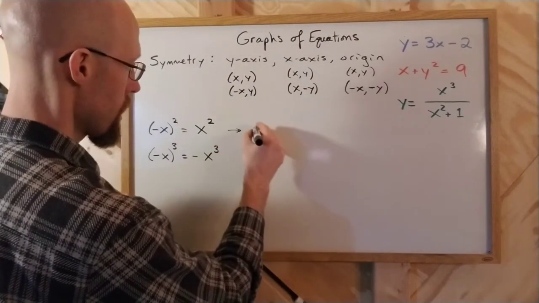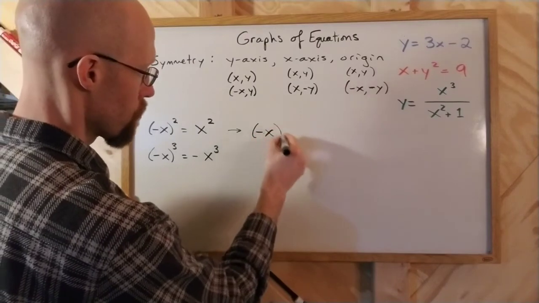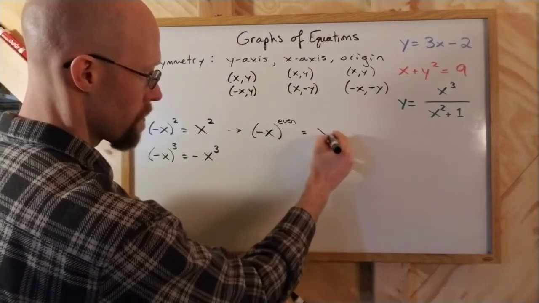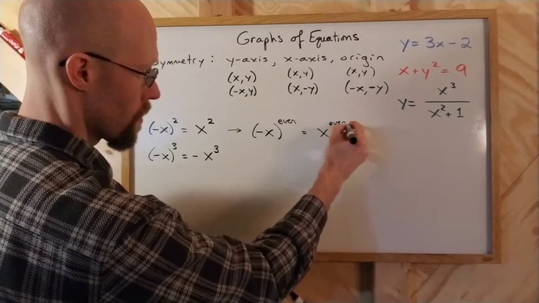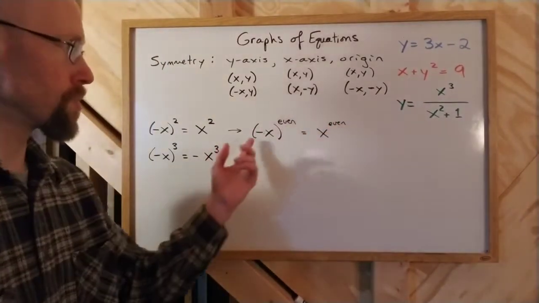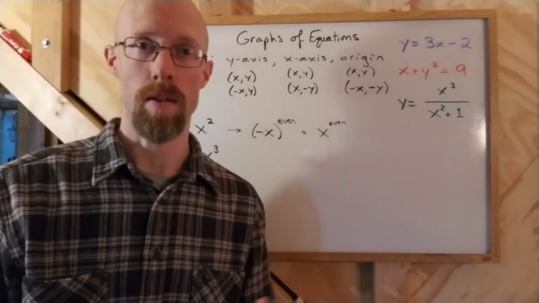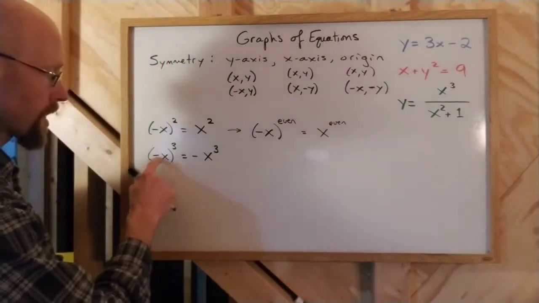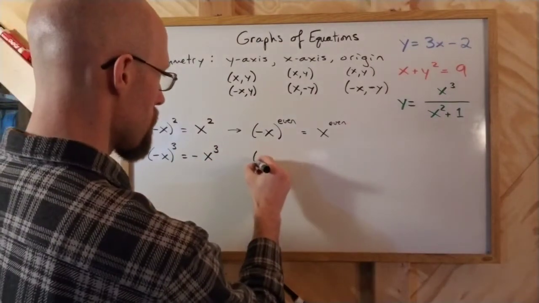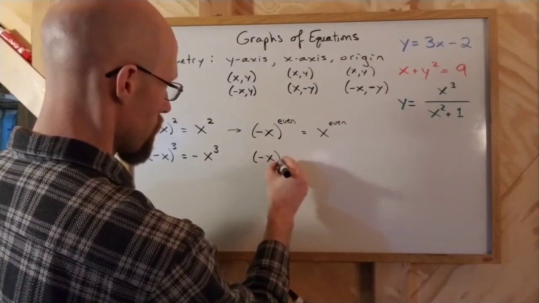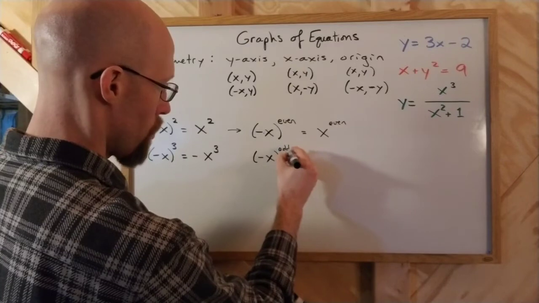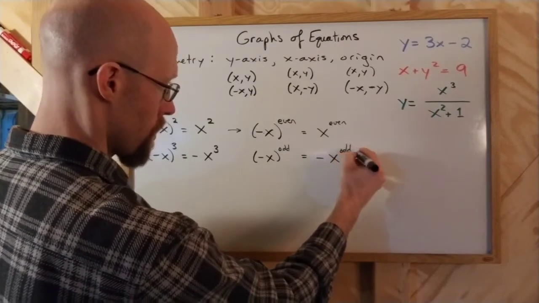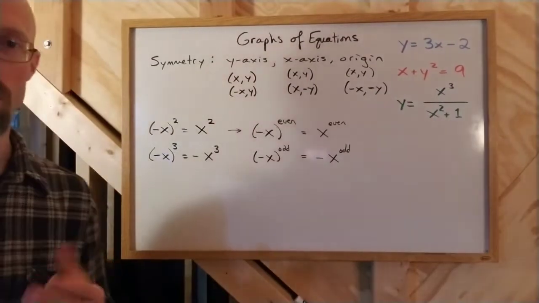We could say that a negative raised to any even power will absorb the negative; the negative disappears. With an odd power, the negative stays. So with a negative to an odd power, we get the negative of the individual variable to that power.